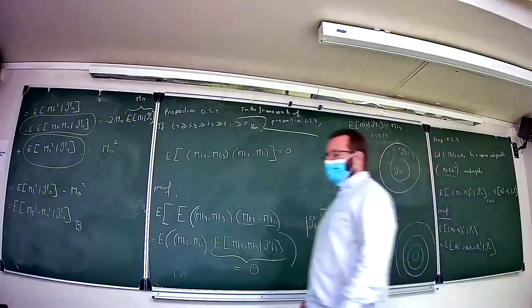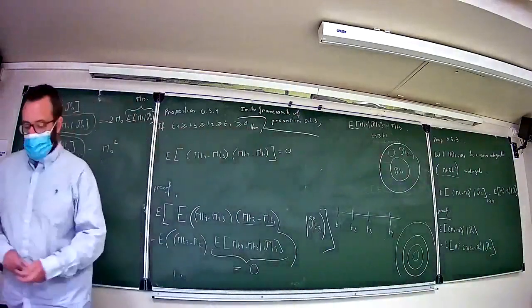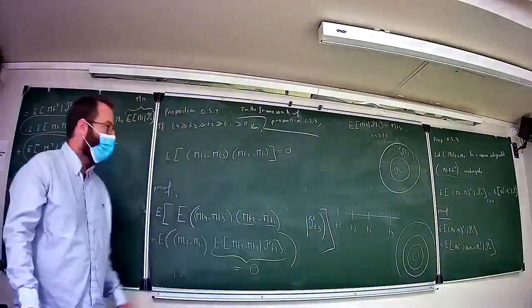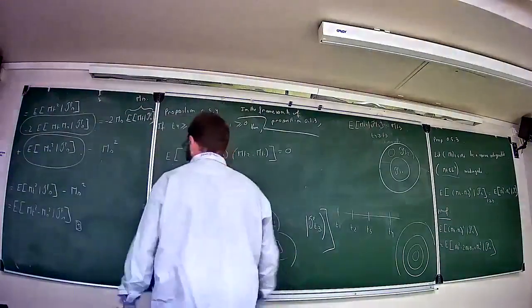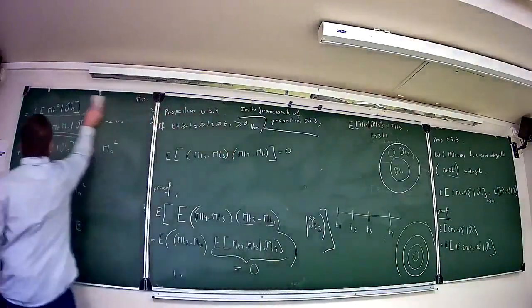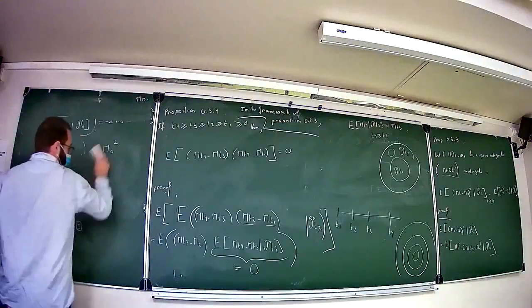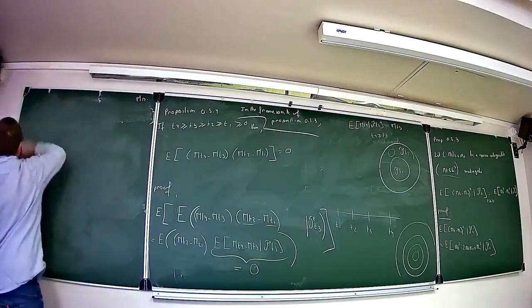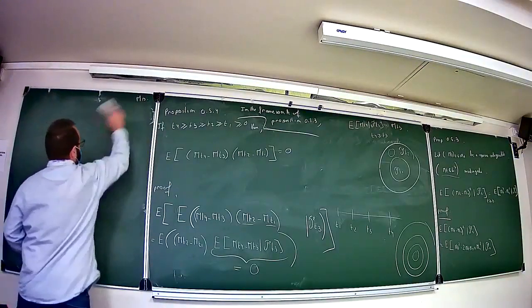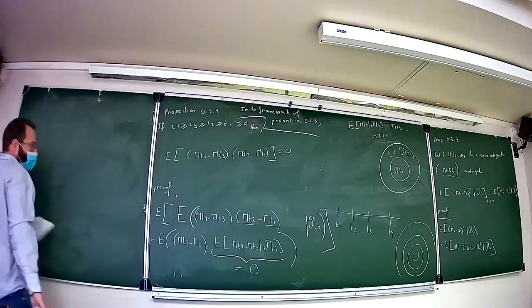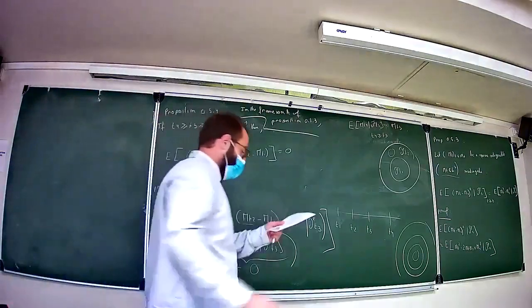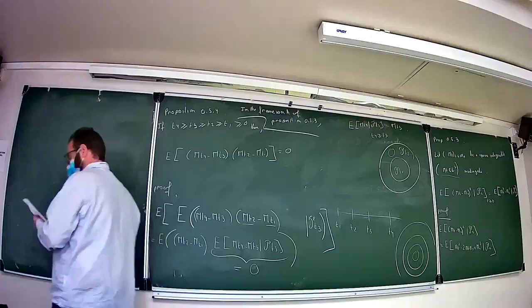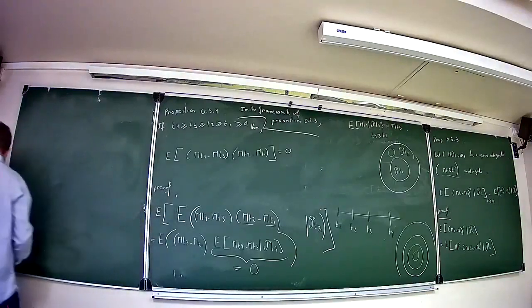So I erase the board here, and we are going to prove a result that we are going to use in chapter 2. I state the proposition, and afterwards I will erase the board in order to do the proof.